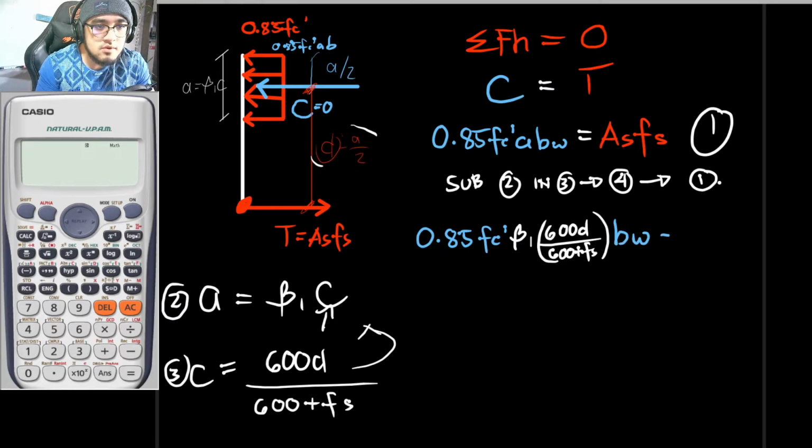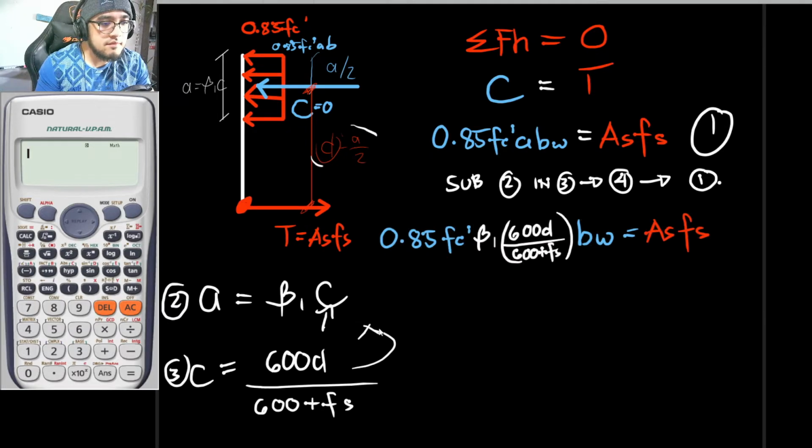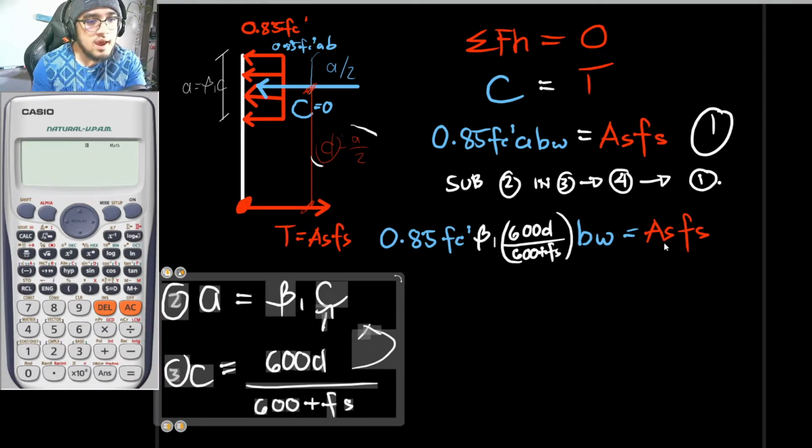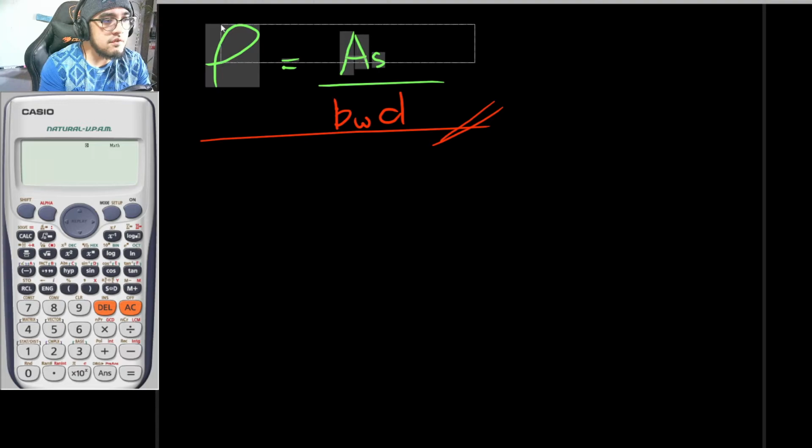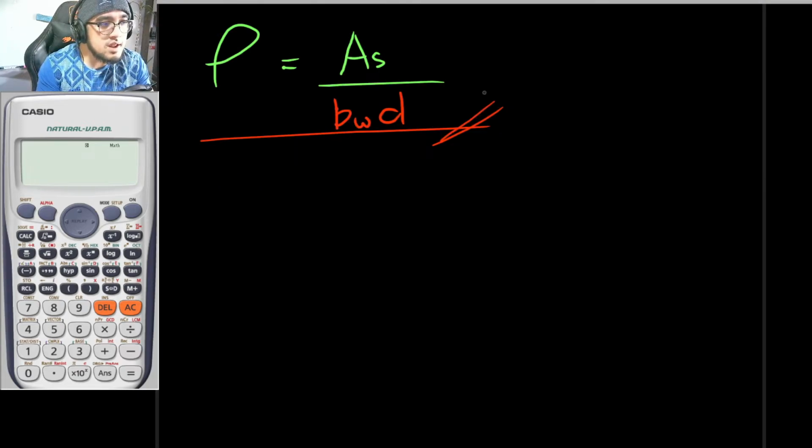So this is now equal to As times fs. So take note that the value for your As using the value of your rho is bwd times rho. So cross multiplying, solving for As, As is now equal to rho times bwd.